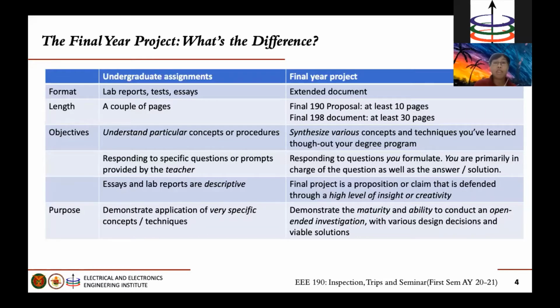The literature may show you, or your technical skills or your expertise will tell you, there are many different ways by which you could do it well. The question now is you need to make engineering decisions on which one you will choose for your project. So that is why it's open-ended. There's no one right answer for it. And that requires a higher level of insight, creativity at your end.